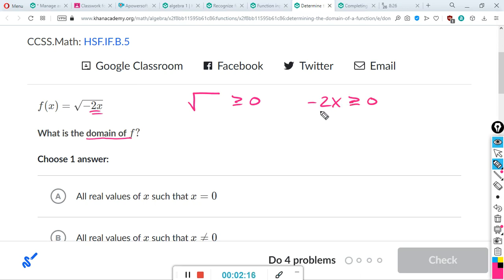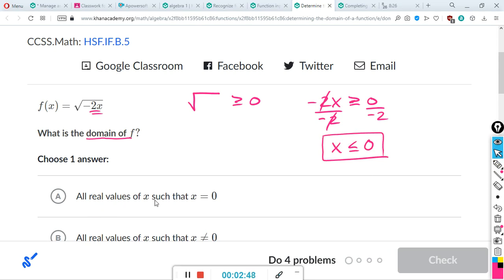And if we divide both sides by negative 2, the negative 2's cancel. But remember, when you divide by a negative, you have to switch the greater than or less than symbol. So x is going to be less than or equal to 0 divided by negative 2, which is 0. So x is less than or equal to 0.